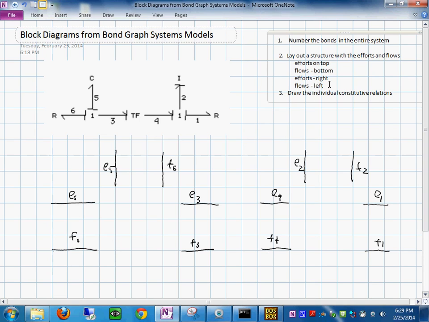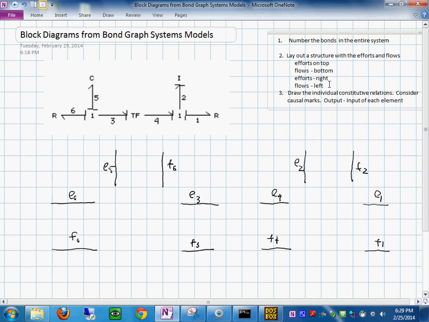Here you could say consider the causal marks, determining which is the output and which is the input of each element. I'm just going to put a little note here: output and input of each element.